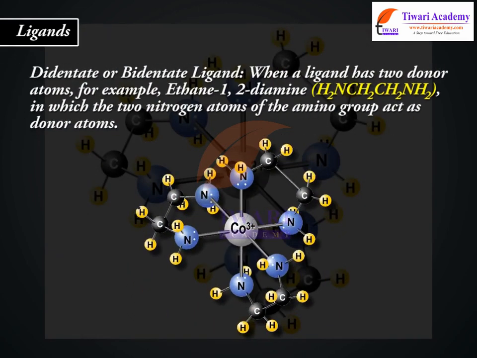Didentate or bidentate ligand. When a ligand has 2 donor atoms, for example, ethane-1,2-diamine, H2NCH2CH2NH2, in which the 2 nitrogen atoms of the amino group act as donor atoms.